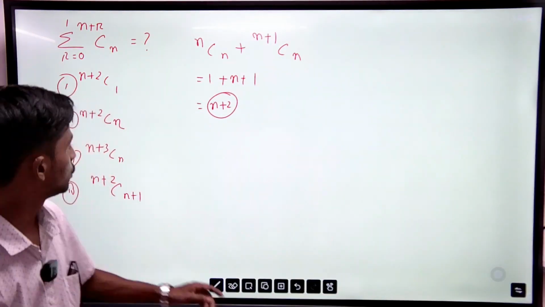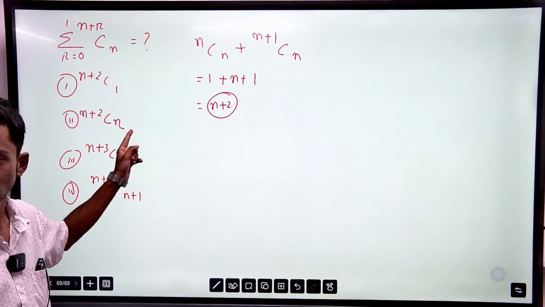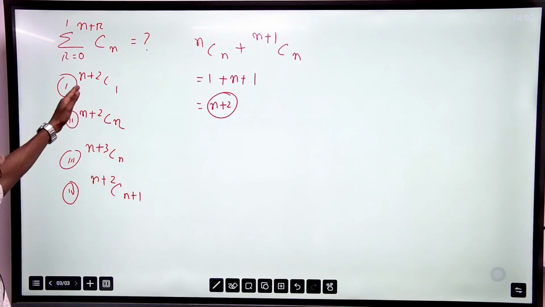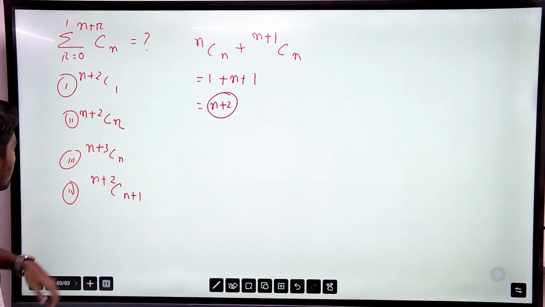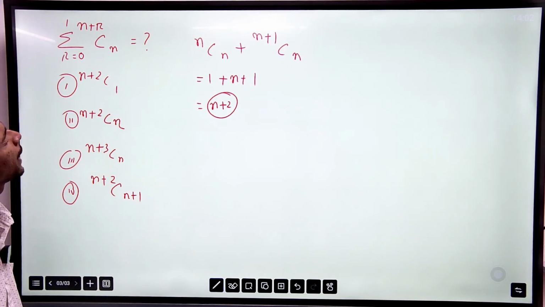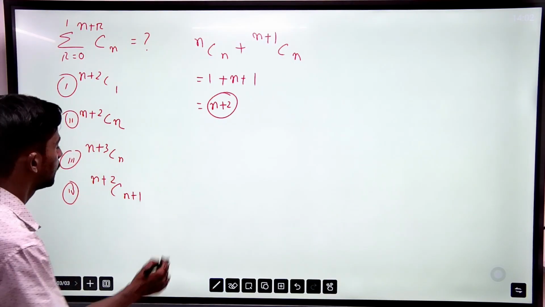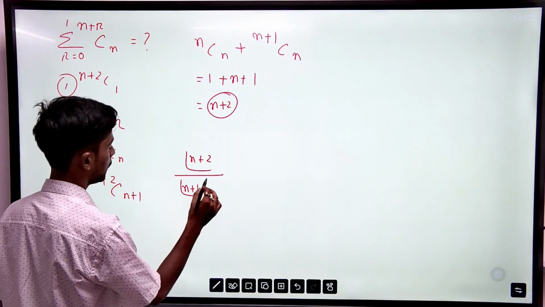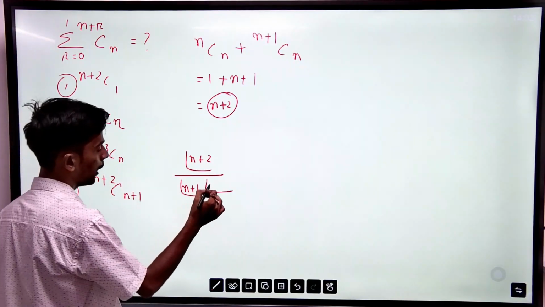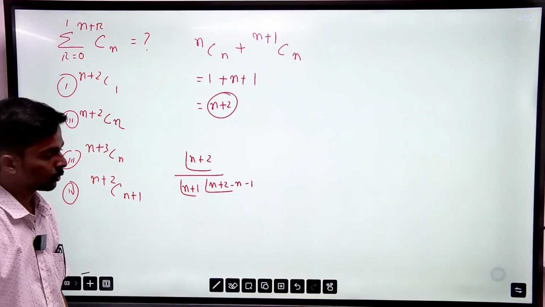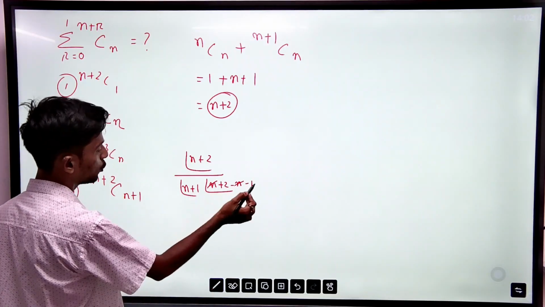Now you just have to check which one of the options gives you n+2, right? This will not give you n+2. Now check n+2 C_n. No, this will not give you n+2. Obviously this can give. If you go to n+2, then factorial n+1, then if you subtract them, n+2 minus n minus 1, so n will be cancelled out. 2 minus 1 is 1.